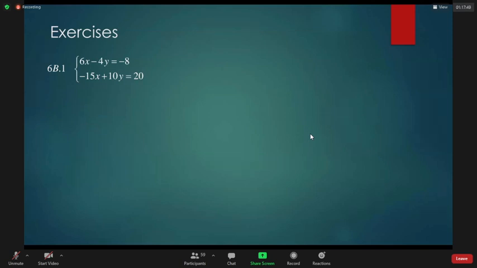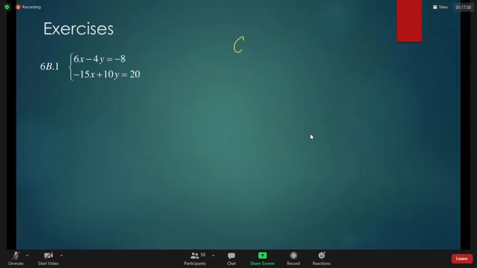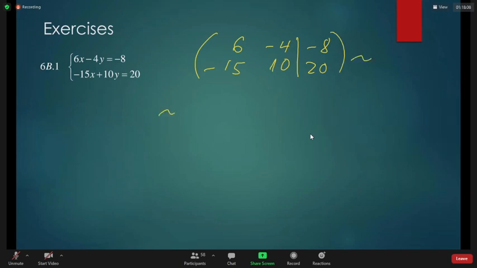We can simplify. Of course, we could do it normally using x and y. But let's have a look at the matrix. 6, minus 4, minus 8, minus 15, 10, 20. This, first of all, can be simplified. The first row can be divided by 2.